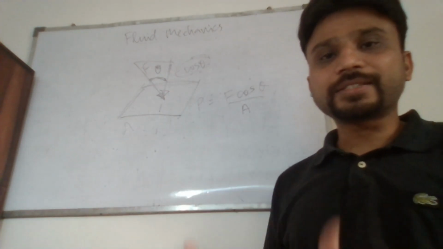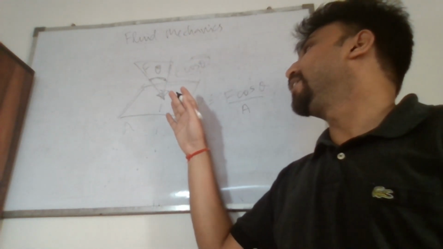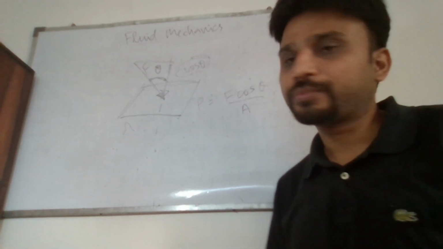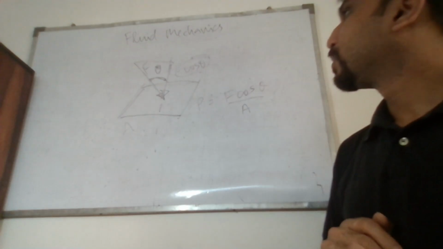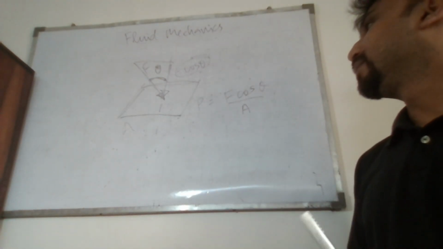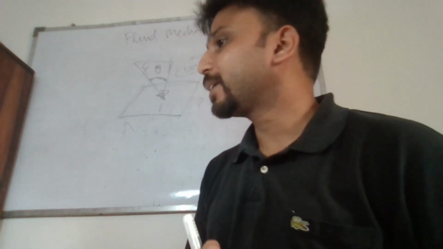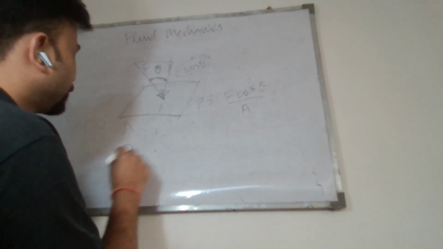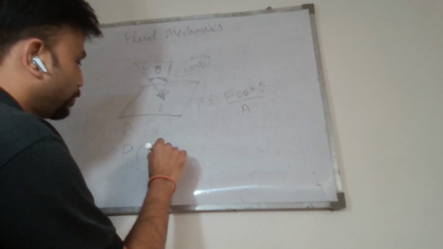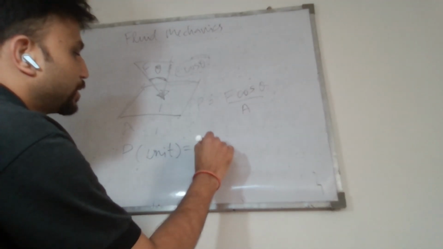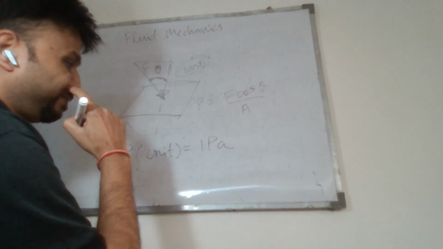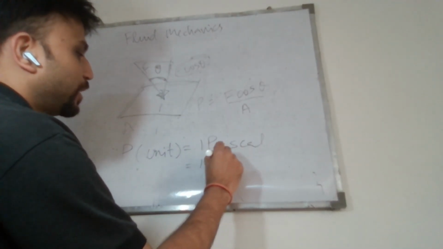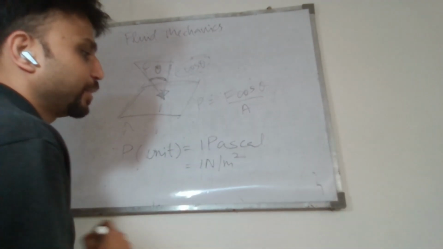Even if it is not at rest, whatever force F is there, it will exert some kind of pressure. So this is F cos theta upon A. This is pressure P. The unit of pressure P is 1 Pascal, and it is also 1 Newton per meter square.